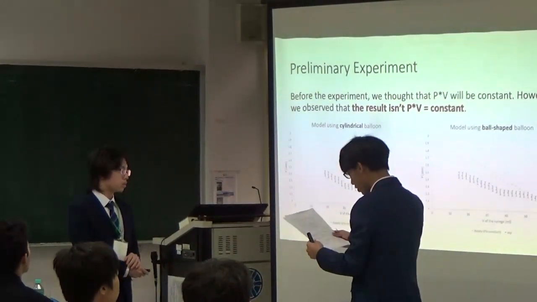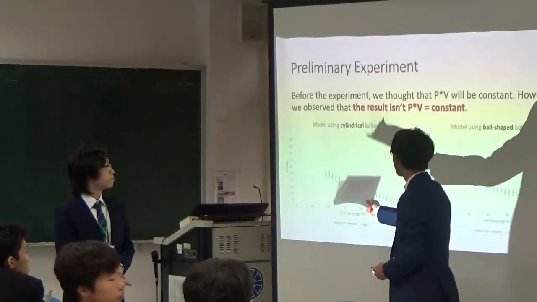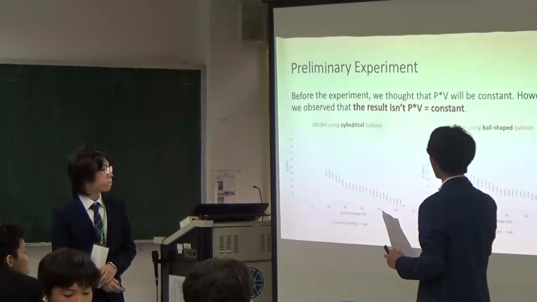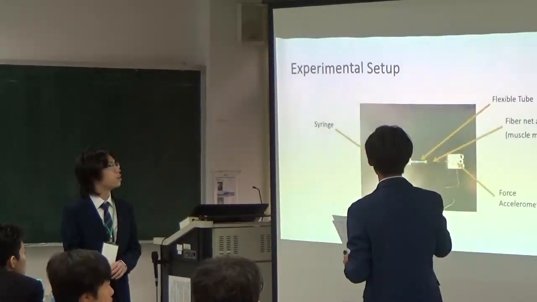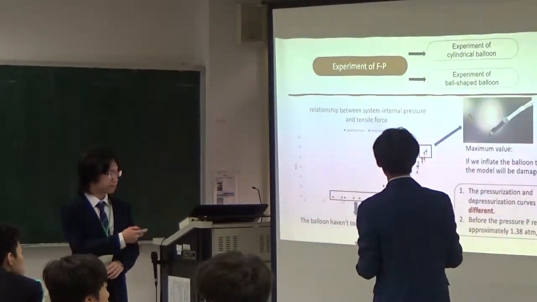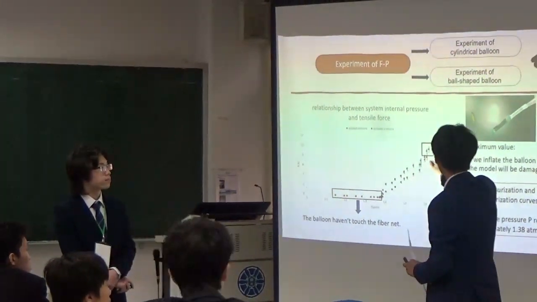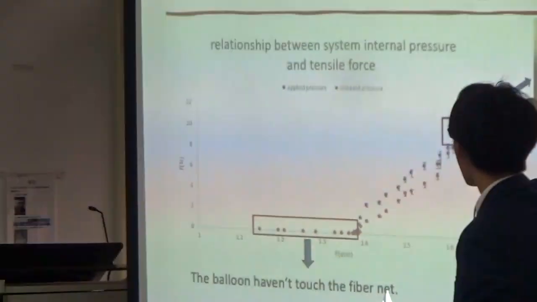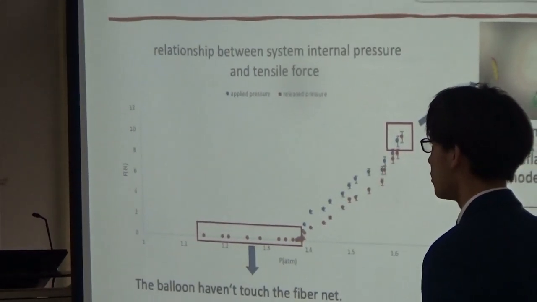Okay. Regarding your experimental data, could you turn to the page where you marked your maximum force? Yes, here. In this place, this is the maximum value. So theoretically, if you pump more air into the balloon, it would explode. Am I correct? It's not about the theory.